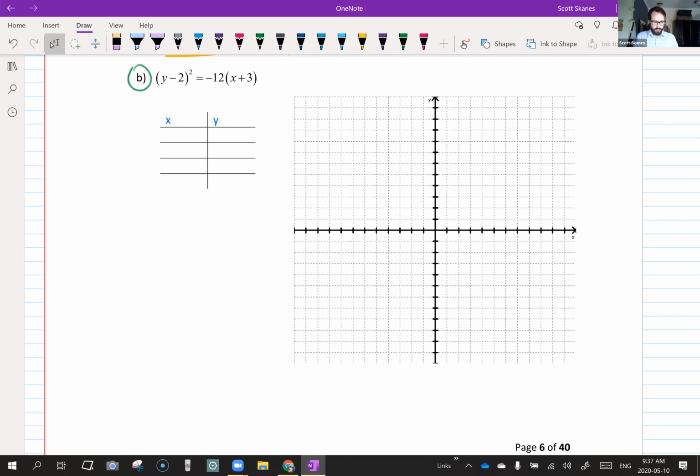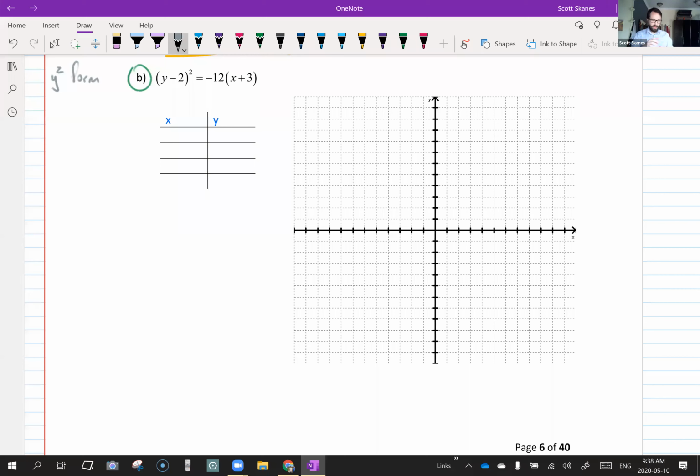What does this graph look like? First of all, is it y squared form or x squared form? Which one has the square? Y squared form. Perfect. This is y squared form. That means it either opens that way or this way.